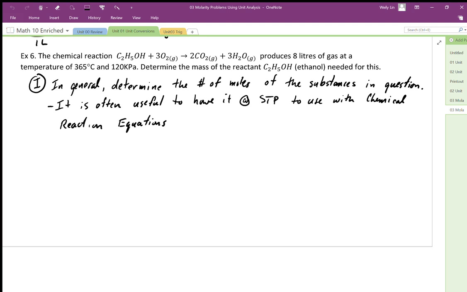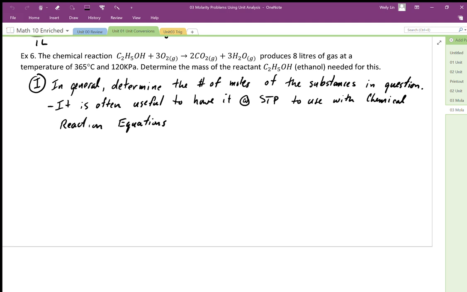Okay, so in general, we probably want to find the number of moles of the substance in question. In this case, we're given 8 liters of gas as our product. So what we're going to do is convert that 8 liters of gas to the product quantities of moles.